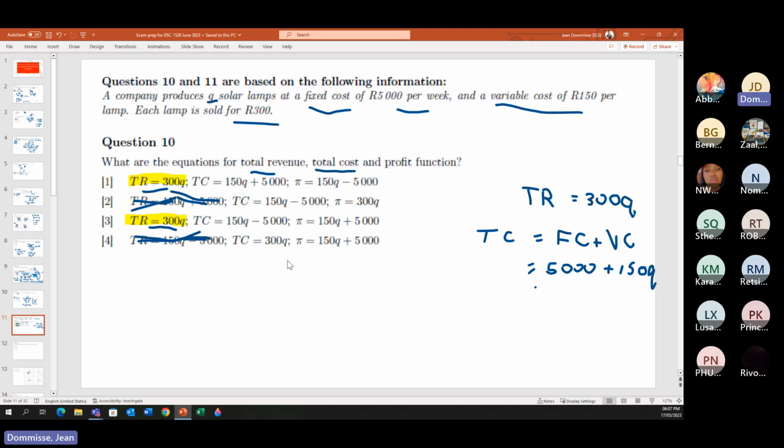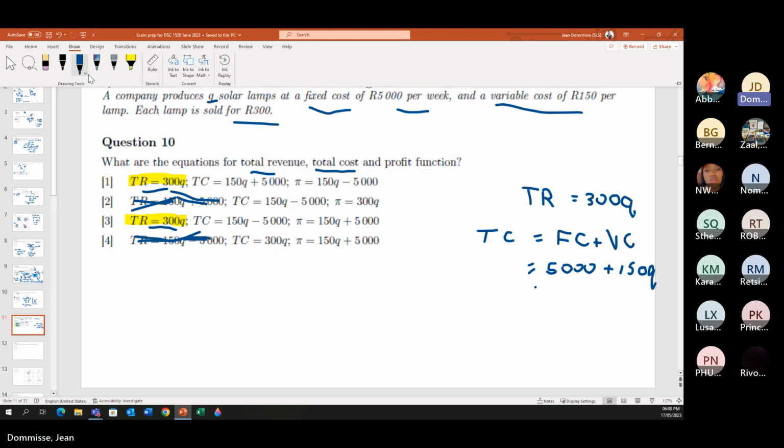Fixed cost plus variable cost, 150. Oh, this is interesting. Sorry, I'm looking at the wrong one. Total cost 150 plus 500. Okay, cool.